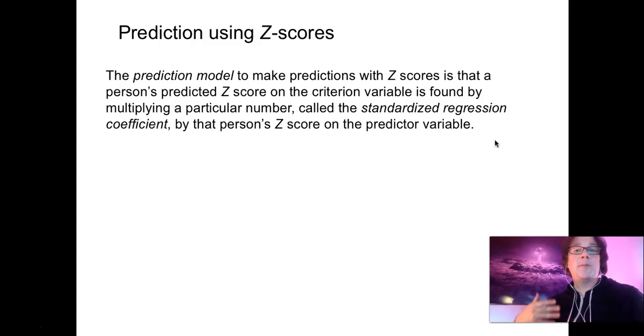If we're going to try to make predictions about a standardized y-score, a criterion variable, we want to know what the standardized score is for this person if they had a standardized x-score of this. Well, we would just multiply that standardized x-score by some regression coefficient, but it's a standardized regression coefficient.